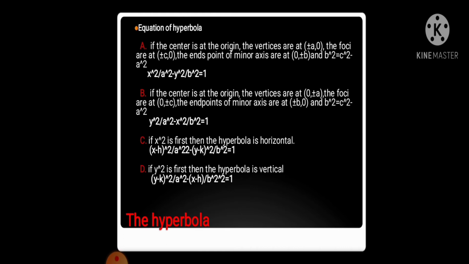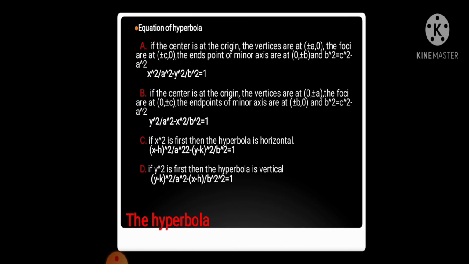And b squared equals c squared minus a squared, where y squared by a squared minus x squared by b squared equals 1. C. If x squared is first, then the hyperbola is horizontal.